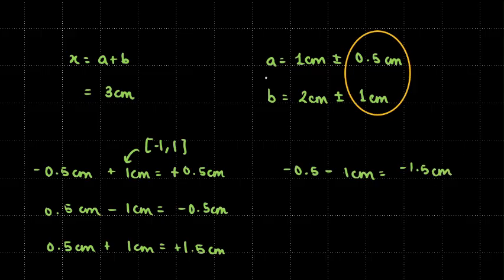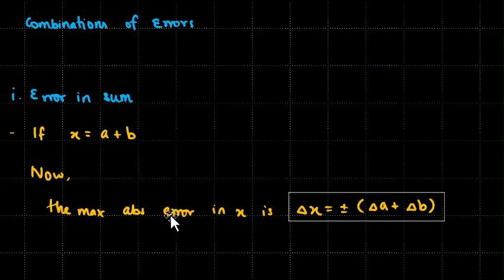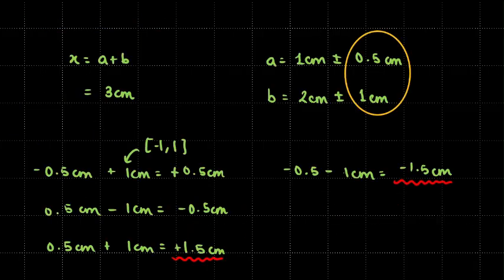So if you look at the maximum case, there are two cases of maxima, which are this and this. Don't focus on the sign, just look at the number. So when talking about the maximum absolute error, it is going to be plus or minus, since there are two of them, delta A plus delta B, which in this case will be just 1.5 centimeter.